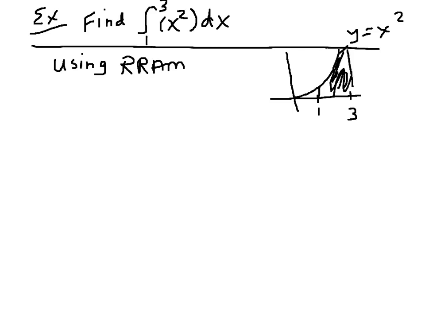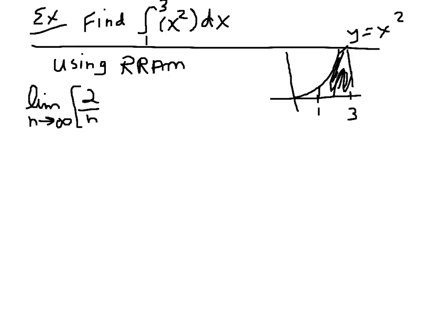So here we're going to break this interval from 1 to 3 into n pieces and let n go to infinity. And so what that implies is that each delta x is 2 over n. So I'm going to factor out 2 over n from each of these heights.